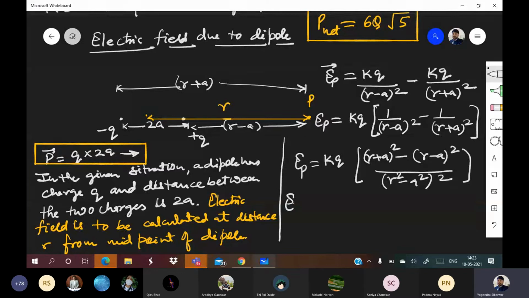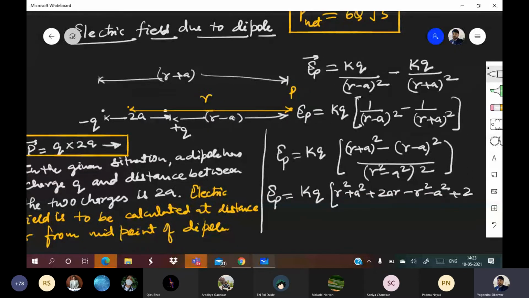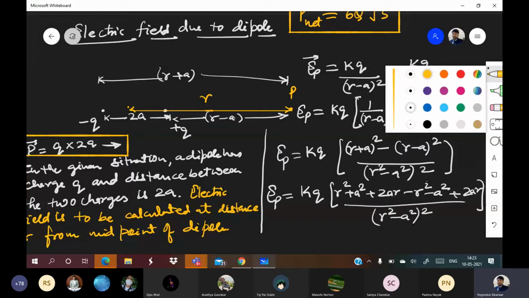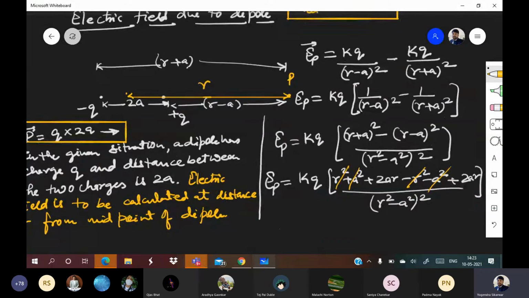So EP comes out to be KQ into r square plus a square plus 2ar minus r square minus a square plus 2ar upon (r square minus a square) whole square. Okay. So from here what you can see is r square, a square got cancelled.